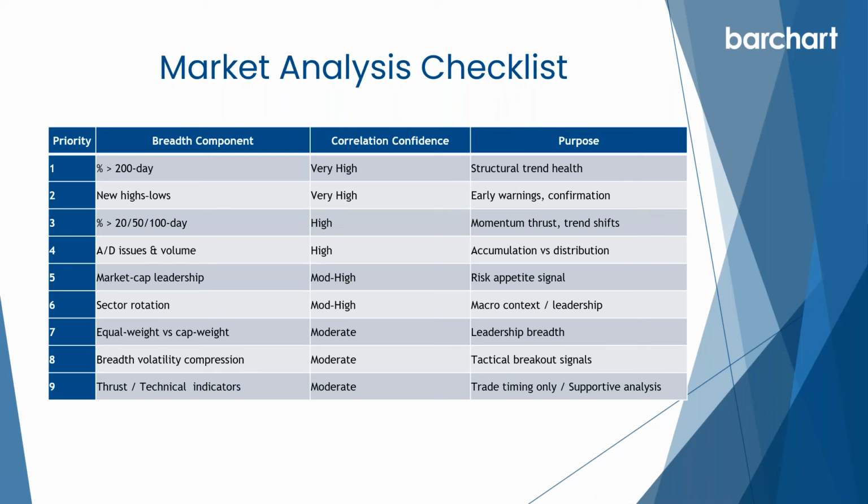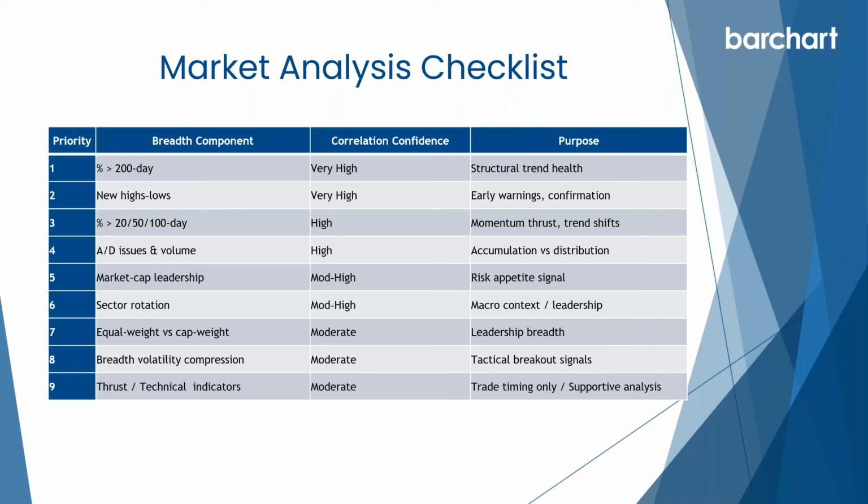We want to make sure that they are supporting each other and not having those tactical divergences. Breadth volatility compression. So what does this mean? Well, this is really all of these wrapped up together.